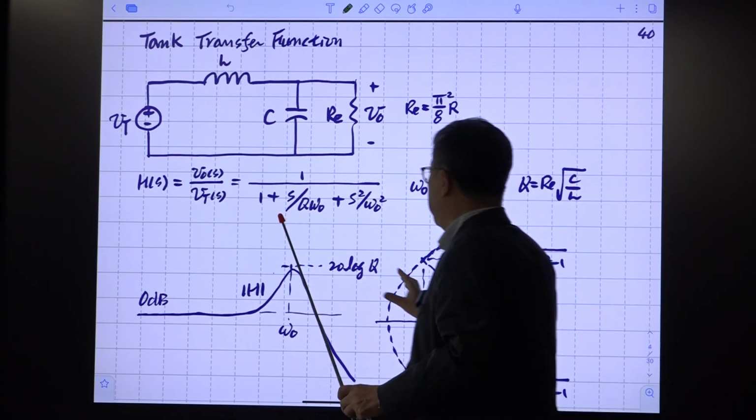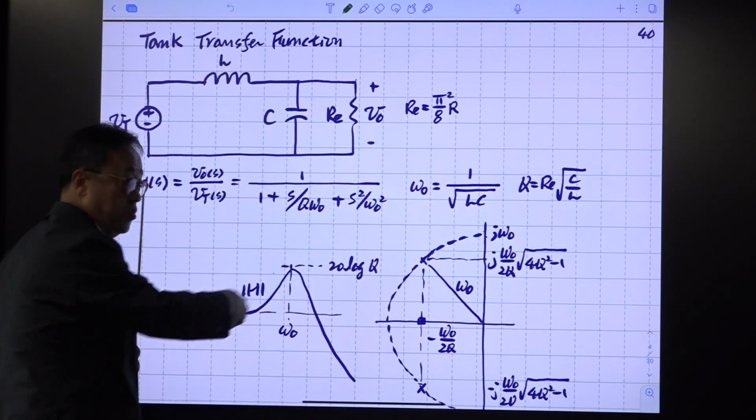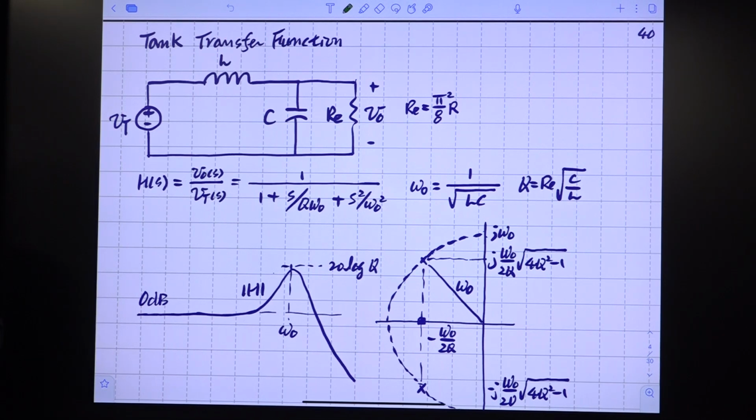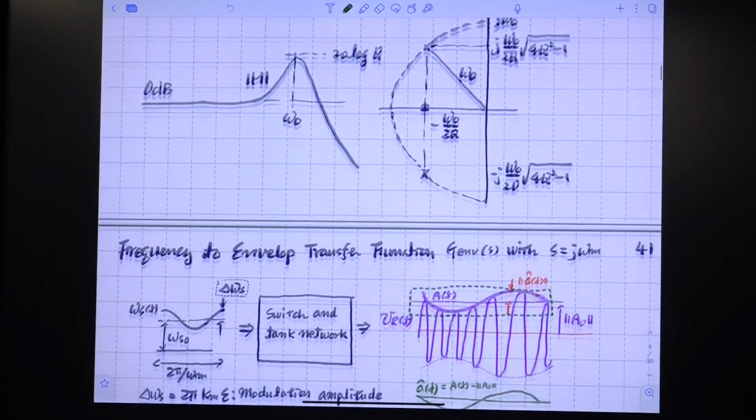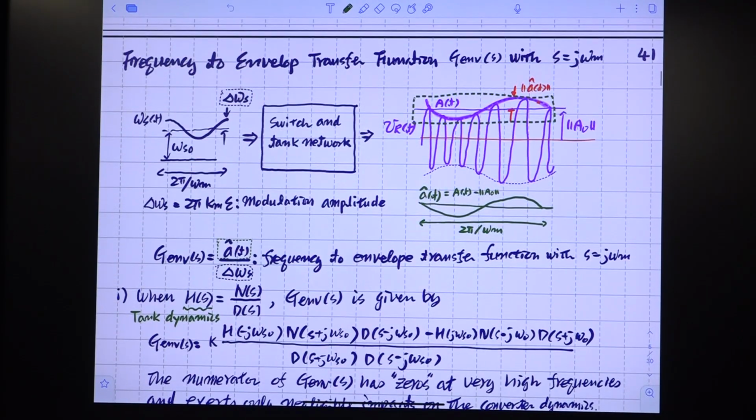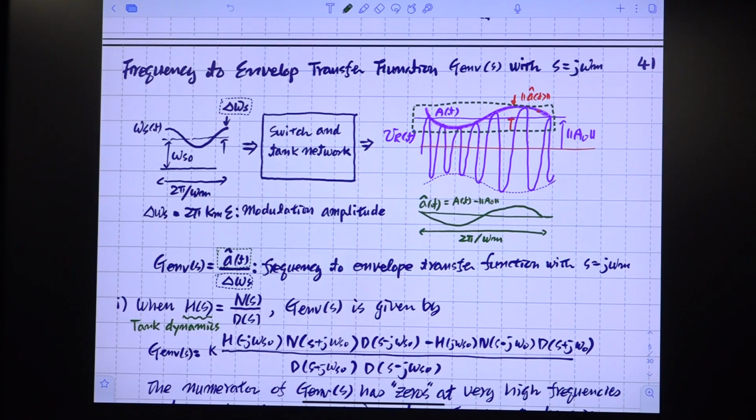Then, if you take this part locally, it's very similar to a band pass filter. So the relationship between this tank transfer function and the frequency-to-envelope transfer function is determined here. We derived this. Maybe we spent 2 weeks on this. This is a summary of that result. So this is the switching frequency.